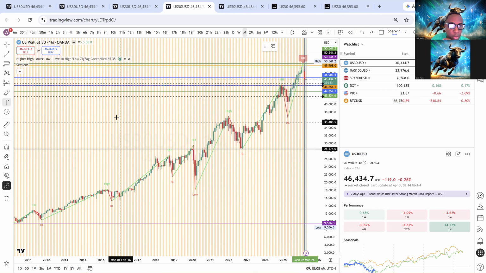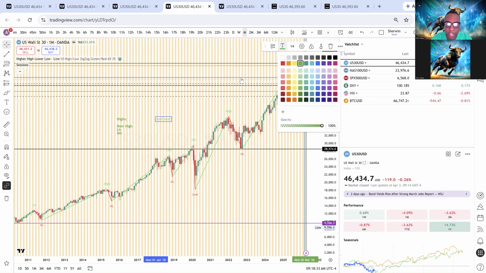So let's start with our highs. So on your highs, okay, you have first a new high, then you have a lower high, and then you have a higher high. Okay, that is for your highs. Now, let's look at your lows. Okay, change this to a red. So let's look at your lows.